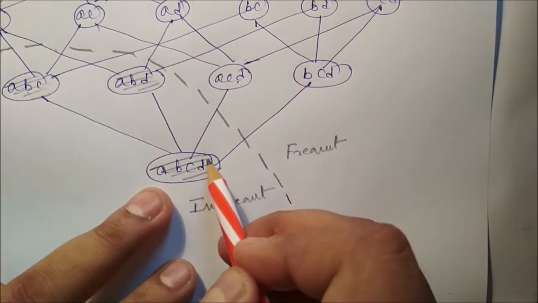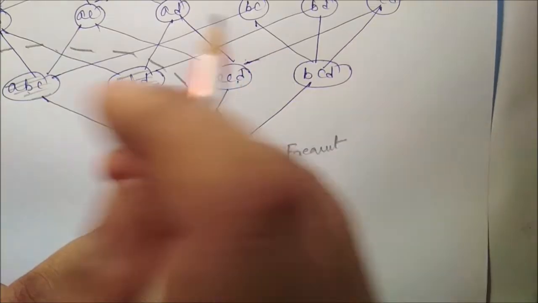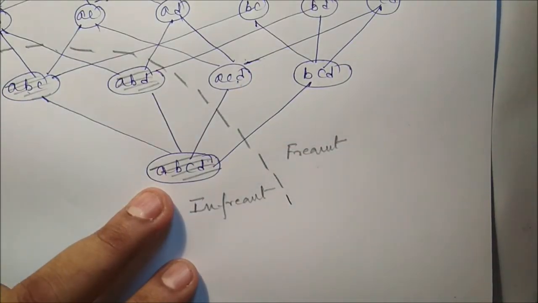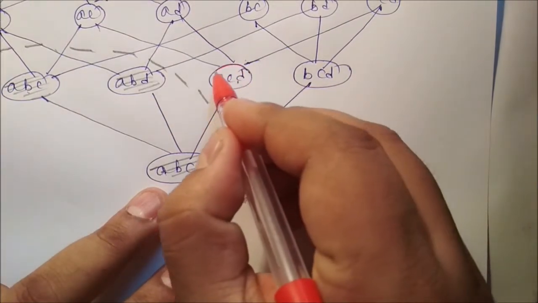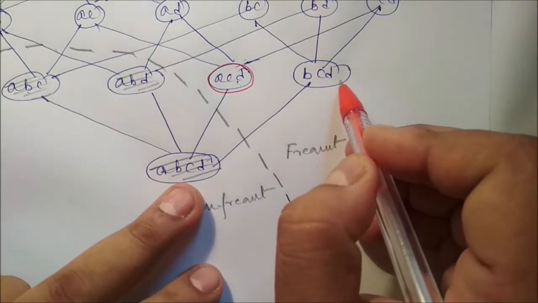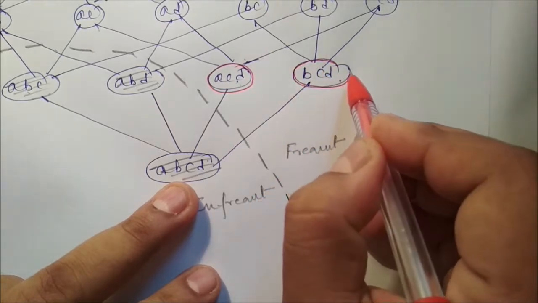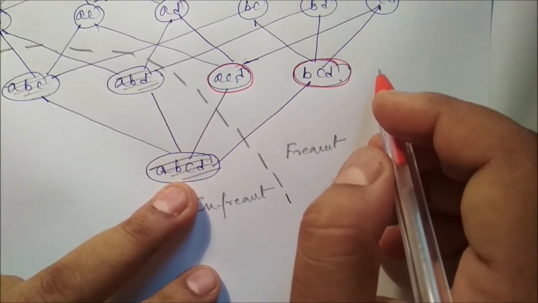This one. It is not frequent. Hence we can say this is our maximal frequent item set. What is the superset of BCD? It is ABCD and it is infrequent. Hence it is a maximal frequent item set.